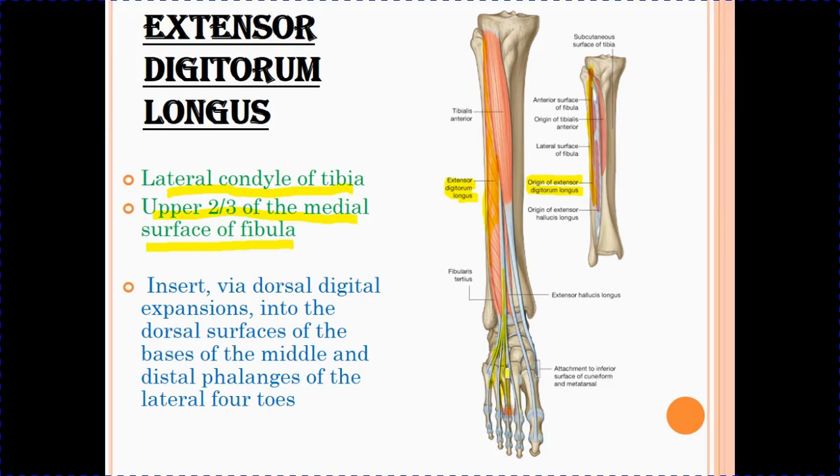You can see it is divided into 4 tendons. The extensor digitorum longus tendon inserts via the dorsal digital expansion into the dorsal surface of the base of the middle and the distal phalanx of the lateral 4 toes.